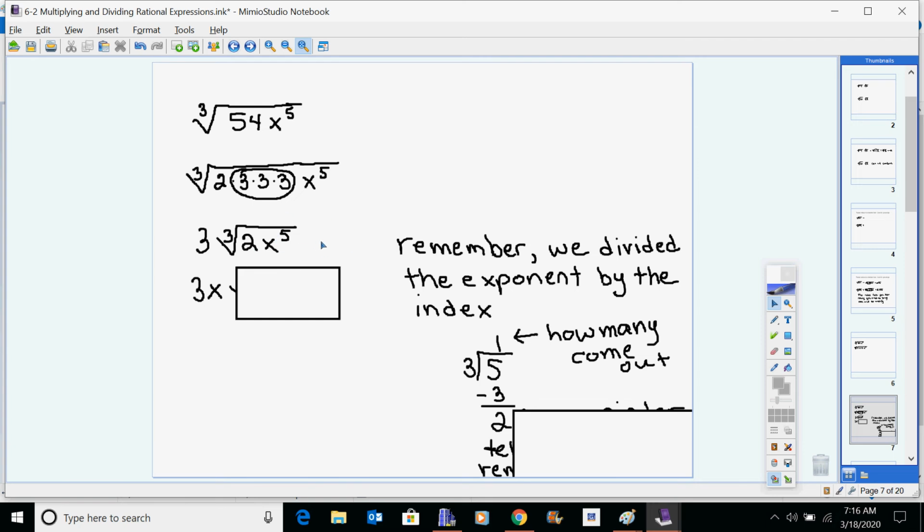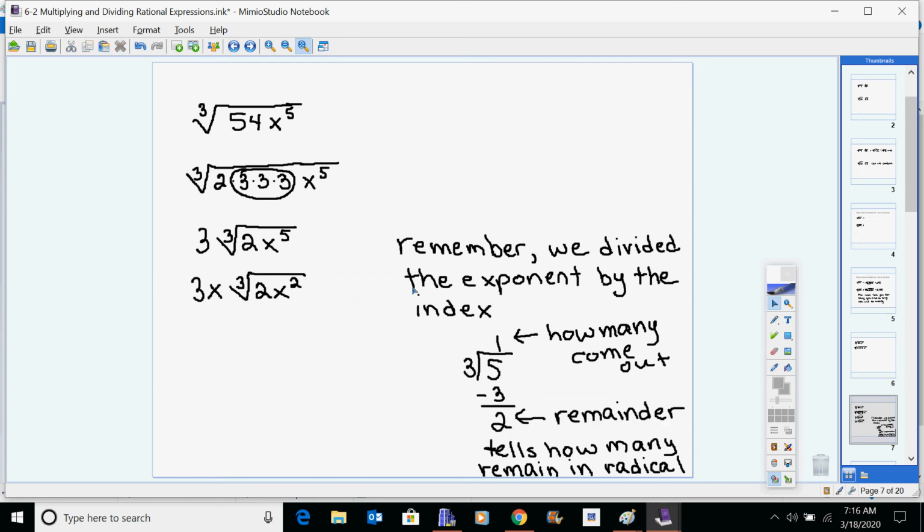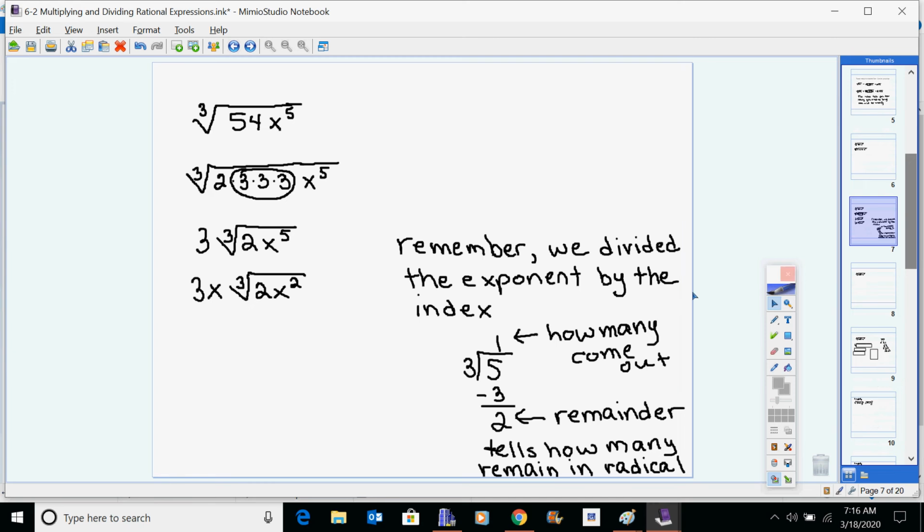You'd have a group of 3, so 1 comes out, and then the remainder tells you how many remain under the radical. The only thing that's different than what we were doing before with the square roots is that we now just have a different index. So you're dividing by a different number. You're looking for groupings of a different number of elements that are underneath.